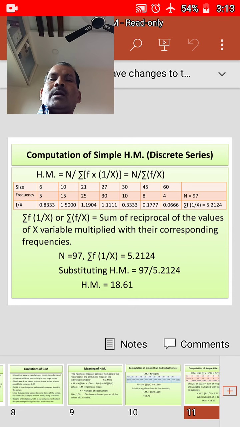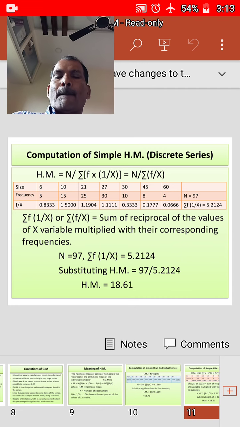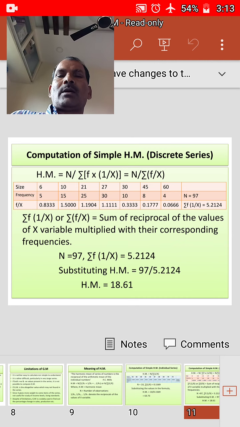Then 15 by 10 is equal to 1.5000. 25 by 21 is equal to 1.1904. 30 by 27 is equal to 1.1111. 10 by 30 is equal to 0.3333. 8 by 45 is equal to 0.1777. 4 by 60 is equal to 0.0666. If you sum all these values, sigma f into 1 by x, or sigma f by x, is 5.2124.